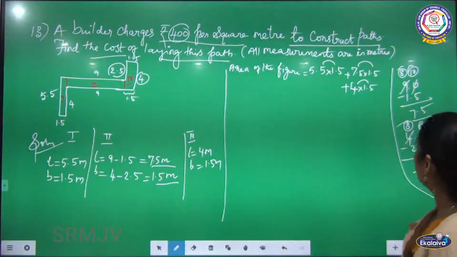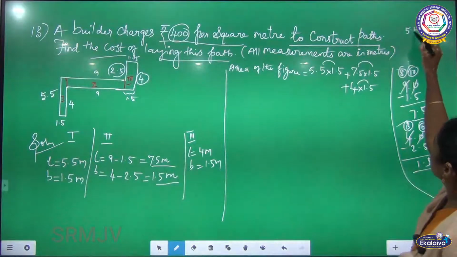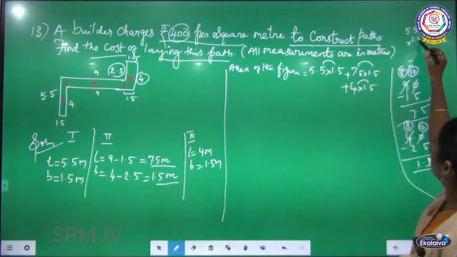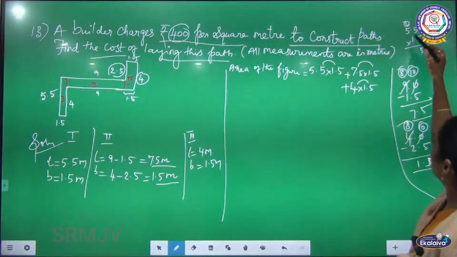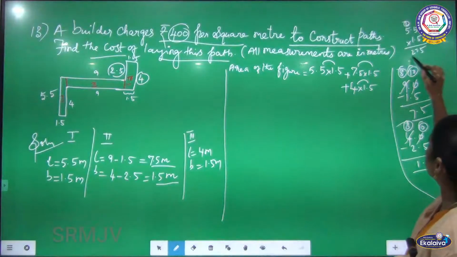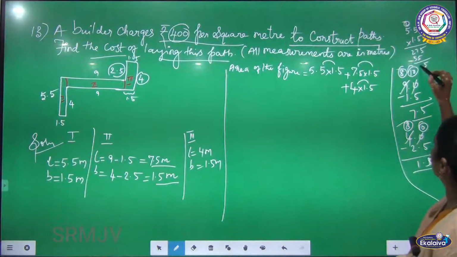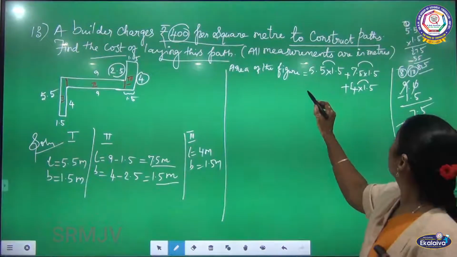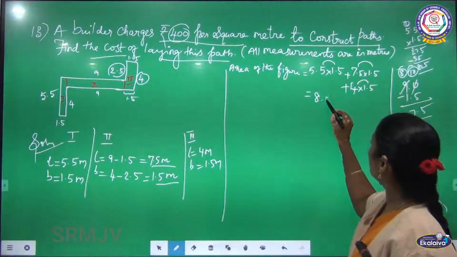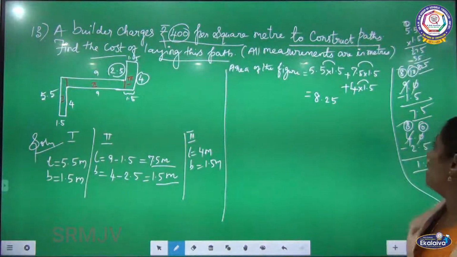Listen, 5.5 into 1.5. 5 5s are 25, 2 carry over, 5 5s are 25, 27. Next one is 55. So 5, 2, 1. So 825. That is 8.25. Two digits after, you have to keep the decimal.